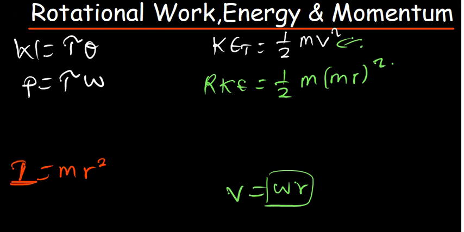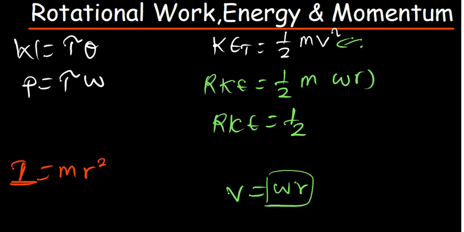Okay. What else can we see? Let's reverse this. We are saying that we need to replace v with wr, so it's supposed to be (wr) squared. So now this is going to be the mass, w squared, r squared.